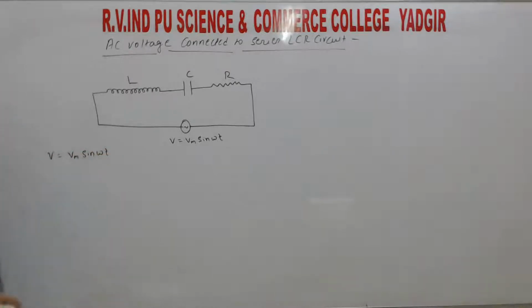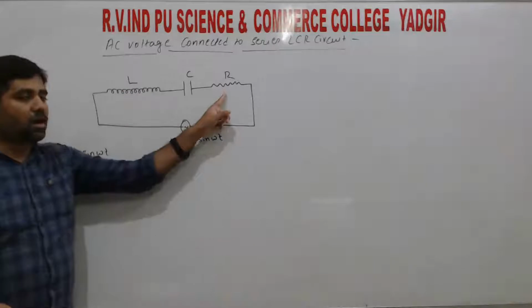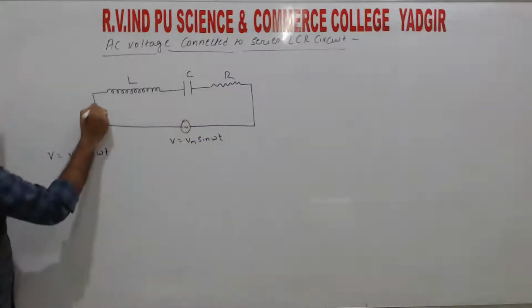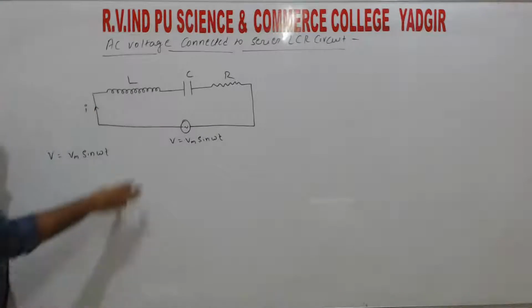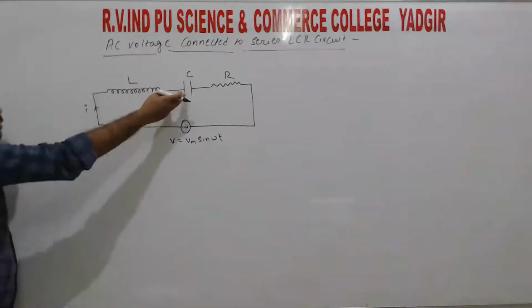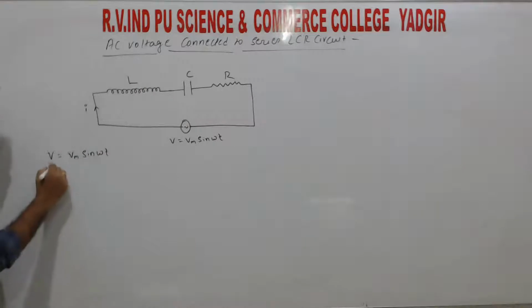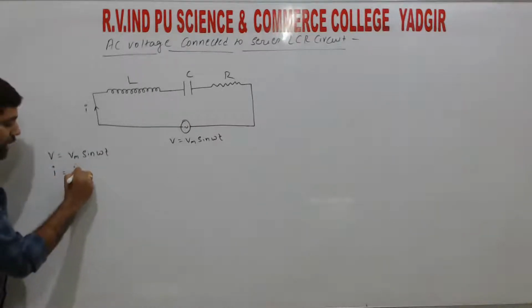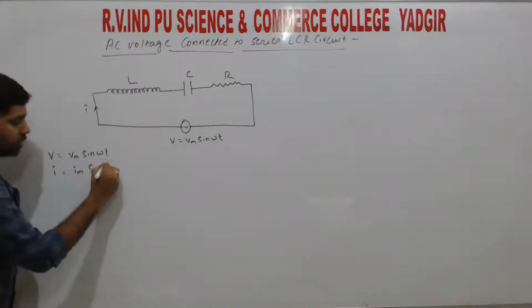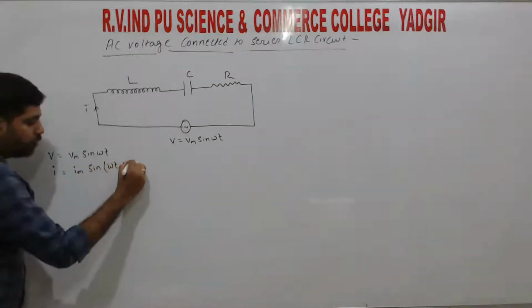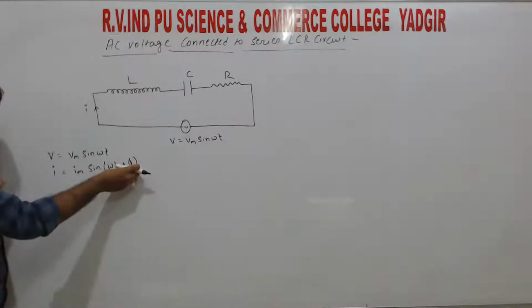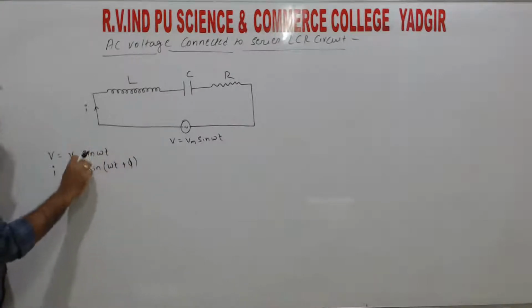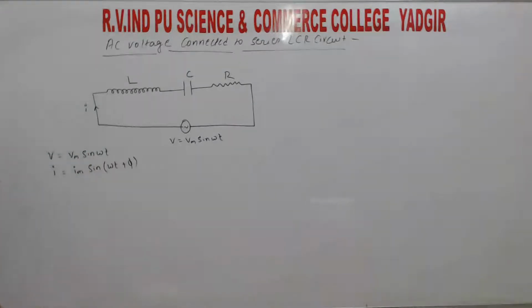This is the applied voltage for the series LCR circuit, and the current flowing across the inductor, capacitor and resistor is given by I equals Im sin of (omega t plus phi). Let phi be the phase angle difference between the voltage and the current.